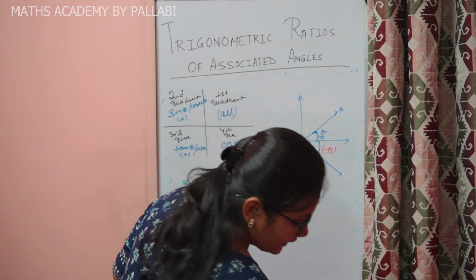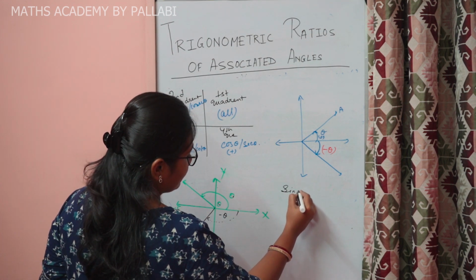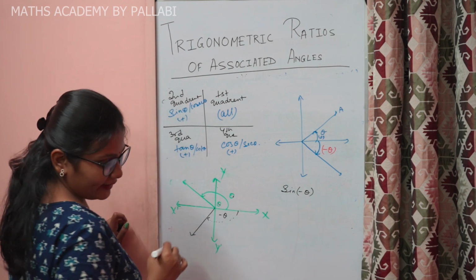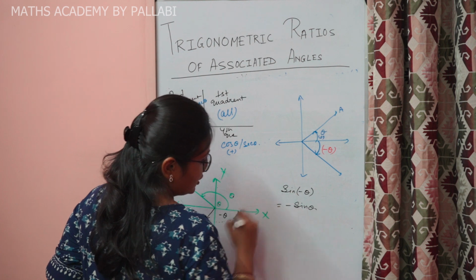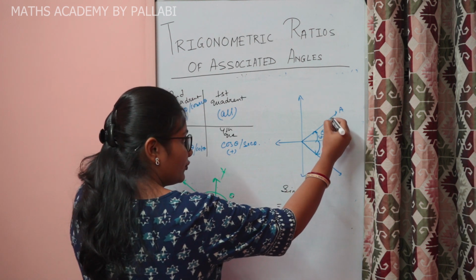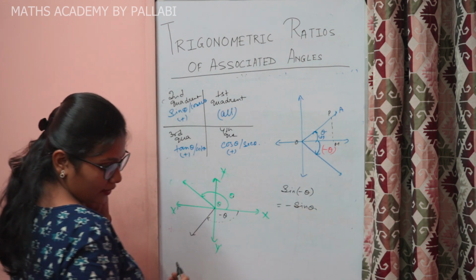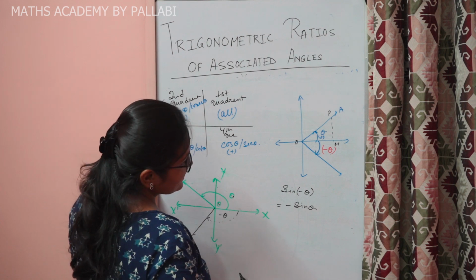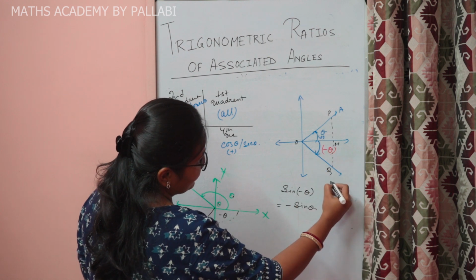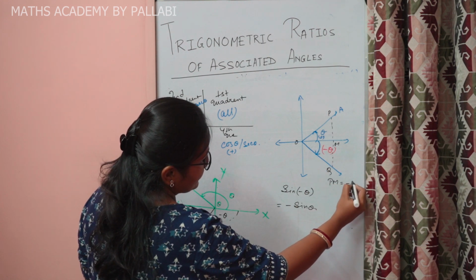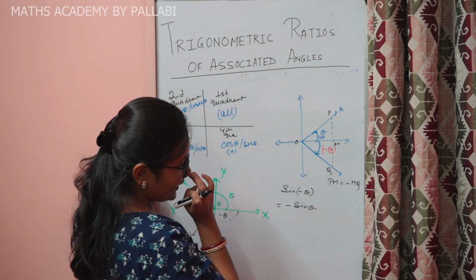So in this way, if we check the value of sine minus theta, it will be minus sine theta. If we take the perpendicular line over here, PM, this is O, and here it will be Q. So you can say that PM is equal to minus MQ, because this is just the opposite direction of the same length.